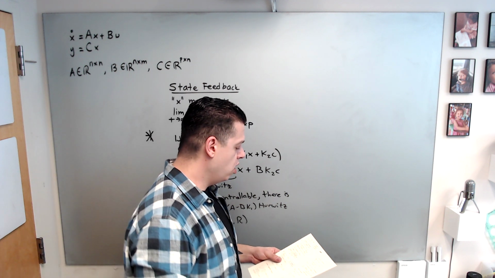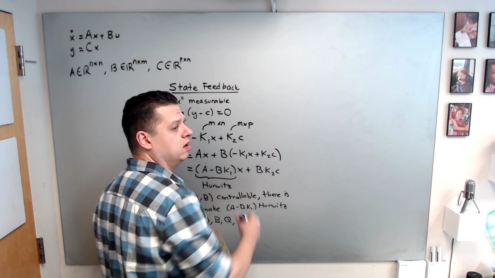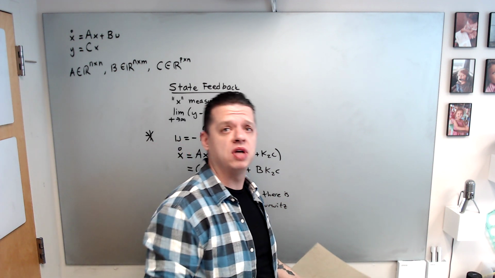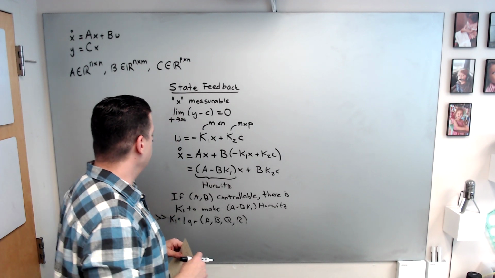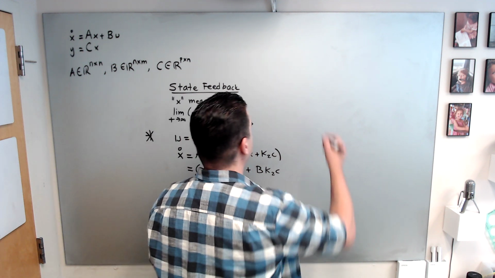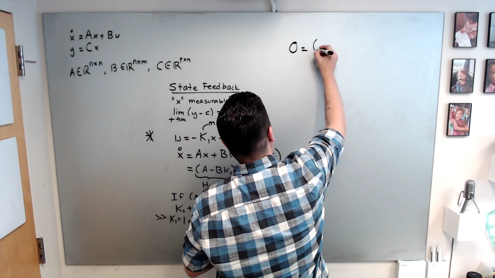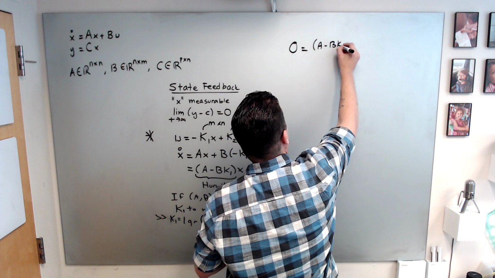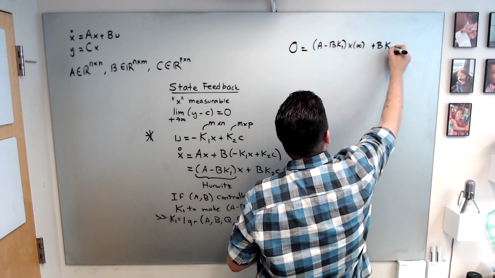Now, if it is Hurwitz, and since the command is constant, this system will converge somewhere, right? This is what we need to analyze. So basically, let's find the steady state value of the states. For this, set x dot to 0: 0 equals A minus BK1 times x infinity plus BK2c.